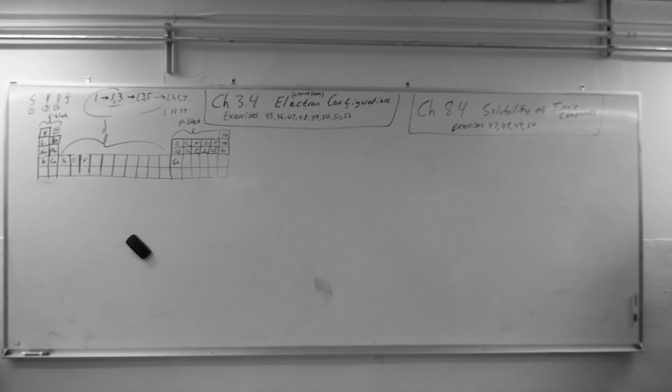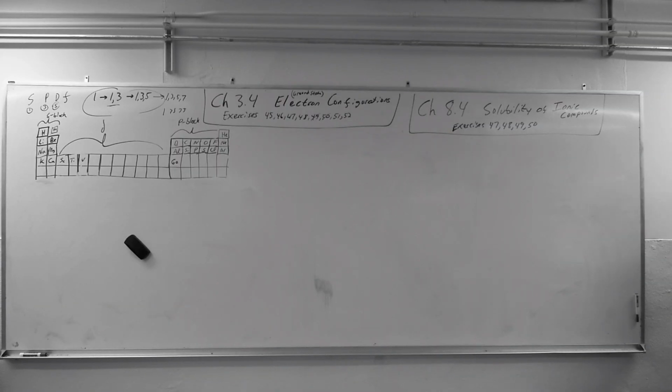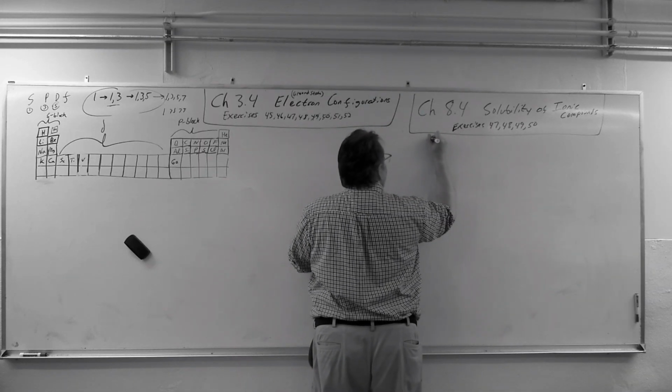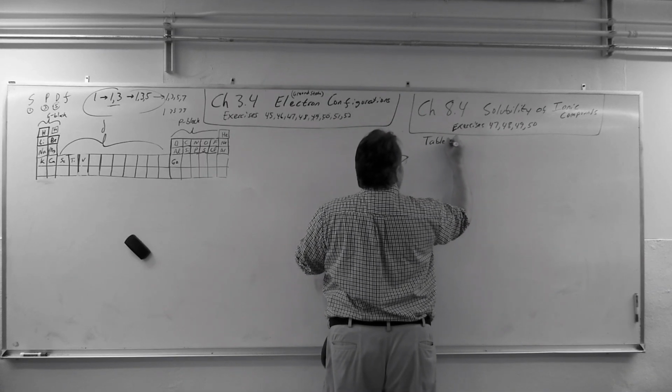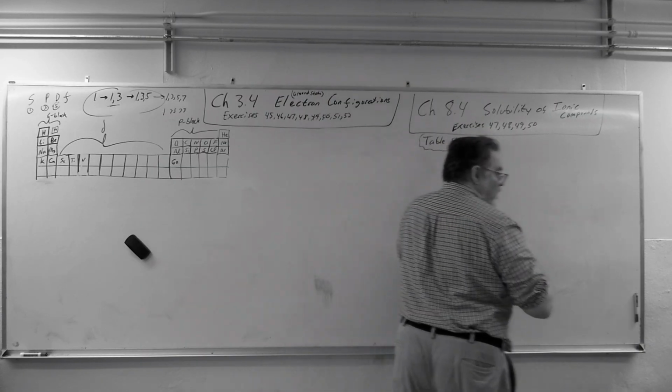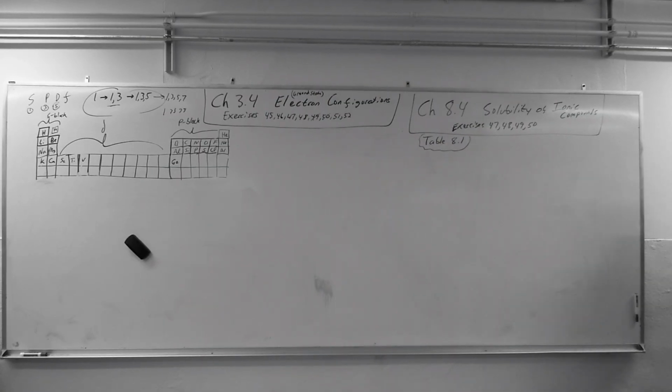There is something kind of simple about this too. If you take the class from me, I always give you this, right here. Use table 8.1. Just know how to use it, and then this is actually very easy.